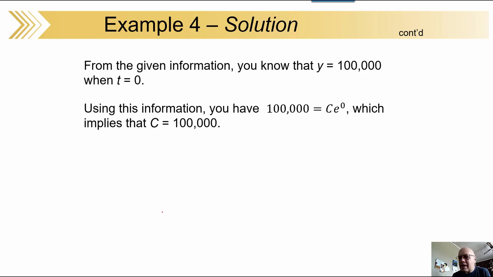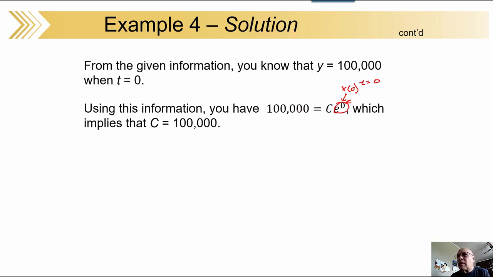But K is multiplied by 0, because that's the initial condition, which means time equals 0, which makes things very nice. Almost anything to the 0 power is 1, so that's C equals 100,000.